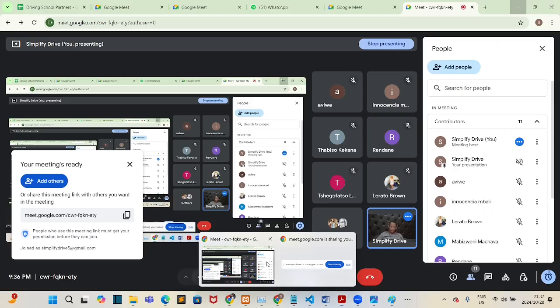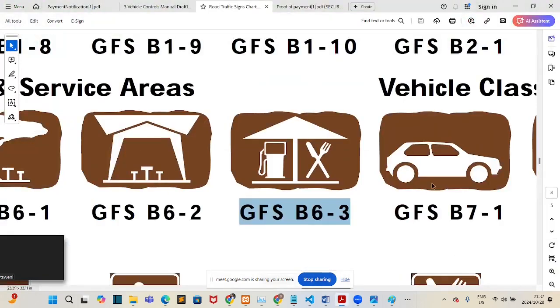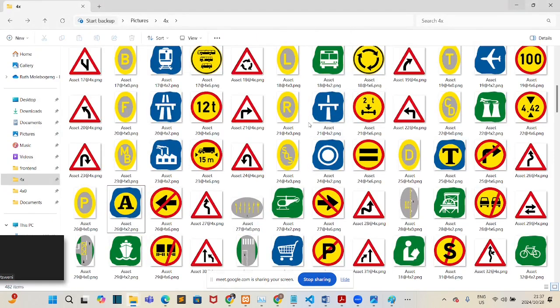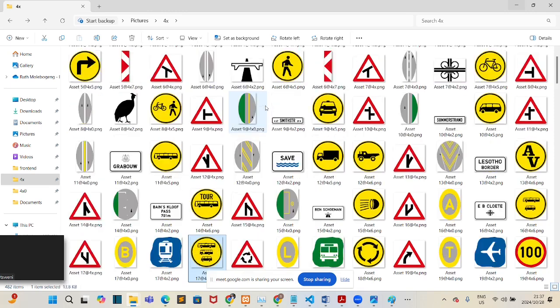Guys, nice emojis. All right, next. You are given these two warning signs. Let's see where they are. Let me try and open these two.